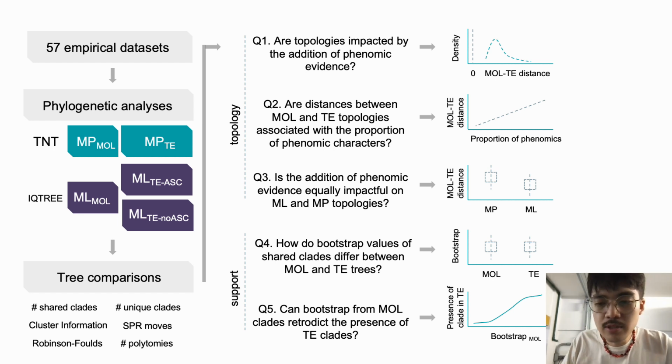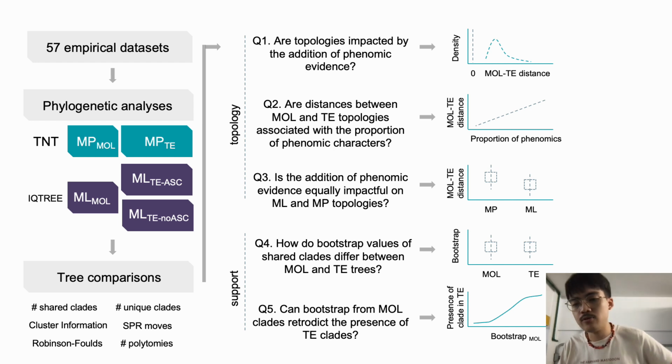For parsimony, we analyzed the molecular and total evidence trees. For maximum likelihood, we analyzed molecular trees and also total evidence trees, either using the bias correction or not using the bias correction in the Mk model.